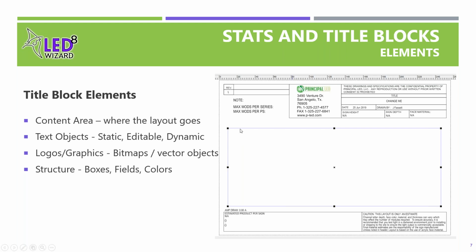But your actual design will go and fit into this rectangle. I shouldn't say fit into the rectangle. The title block actually scales up to fit the size of your job. So it's the title block that scales. It's not your layout that scales. LED Wizard always works in full scale. So the title block will change size.